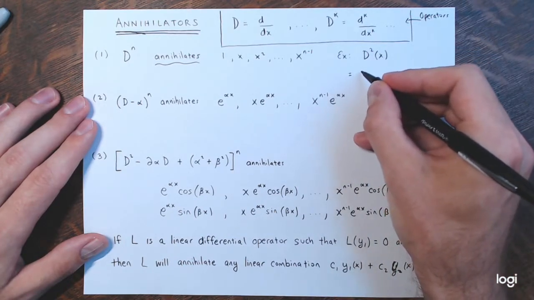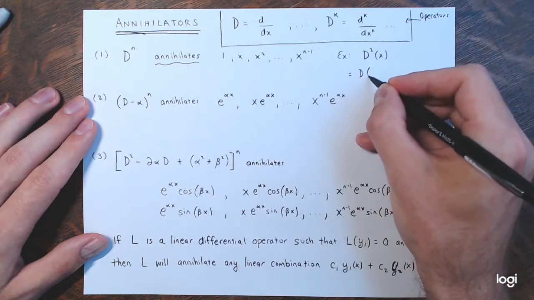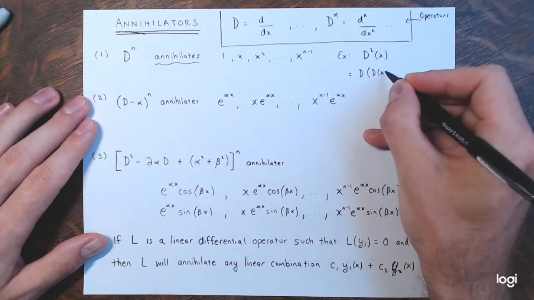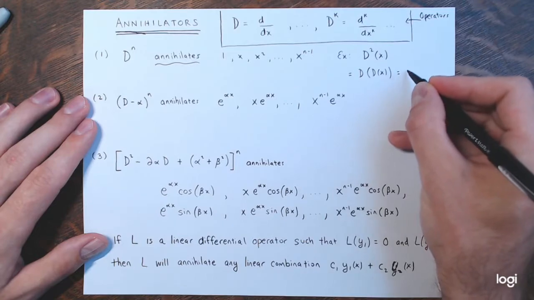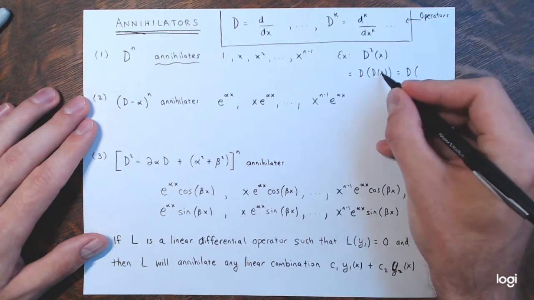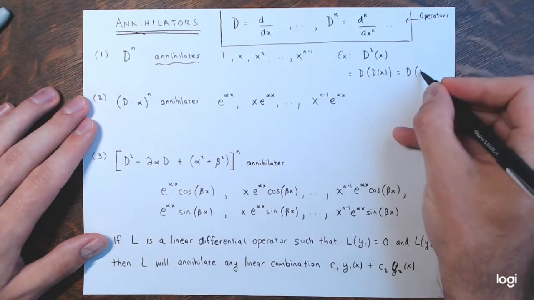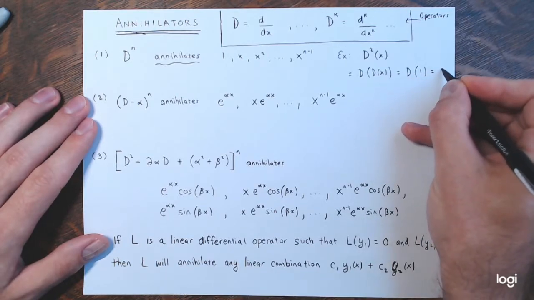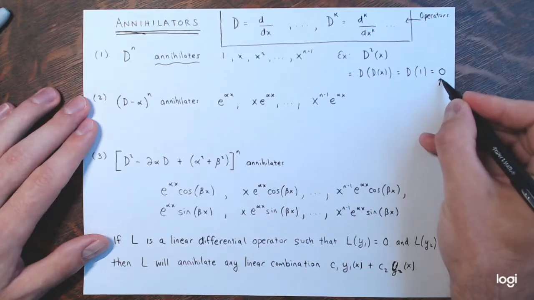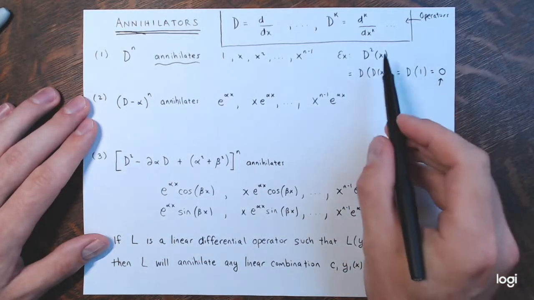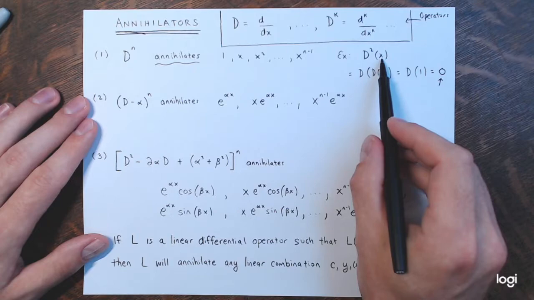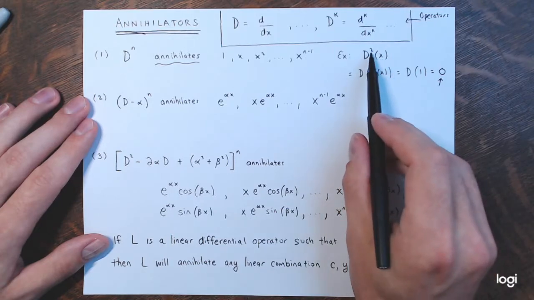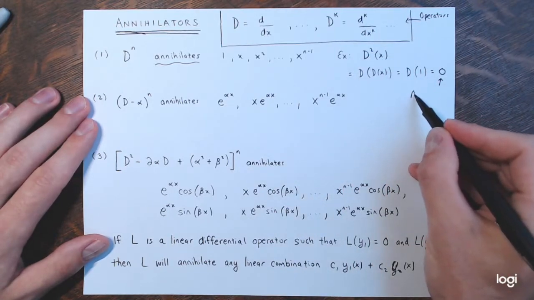You can say this is the same thing as applying D to x twice, and the derivative of x with respect to x is 1, and then apply D again, derivative of 1 is 0, and this is what it means to be annihilated. x is annihilated by D squared. It becomes 0.